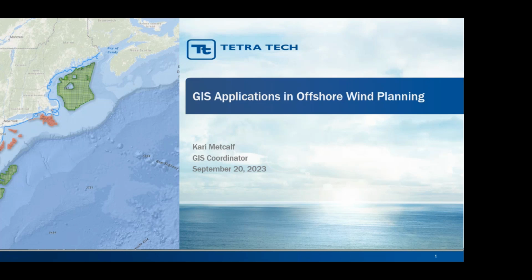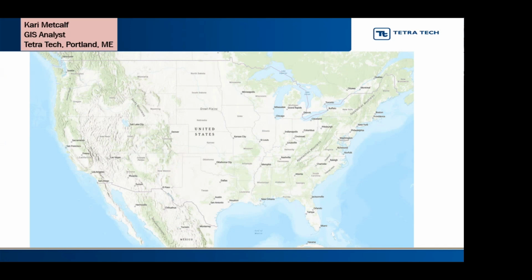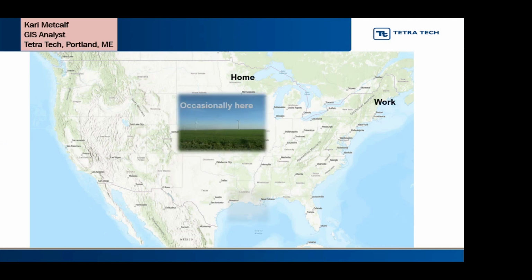Thank you for giving me a chance to talk a little bit about how we've been managing our GIS in a number of offshore wind projects. And a brief background on myself. If you want a title, I am the GIS coordinator for the Portland, Maine Tetra Tech office, but I am local.